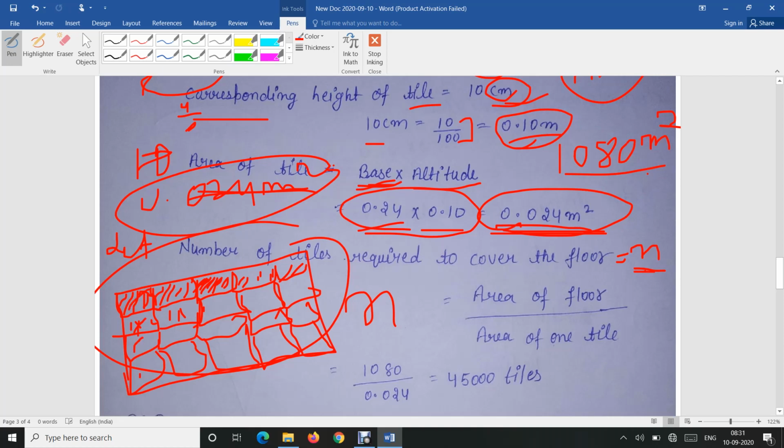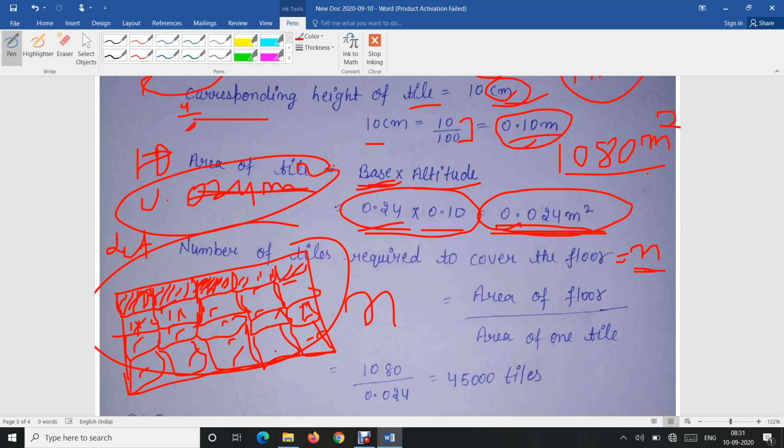If the area of each tile is 0.024 meter square, how can we find the total area of the tiles? Obviously, we multiply the area of one tile by the total number of tiles.